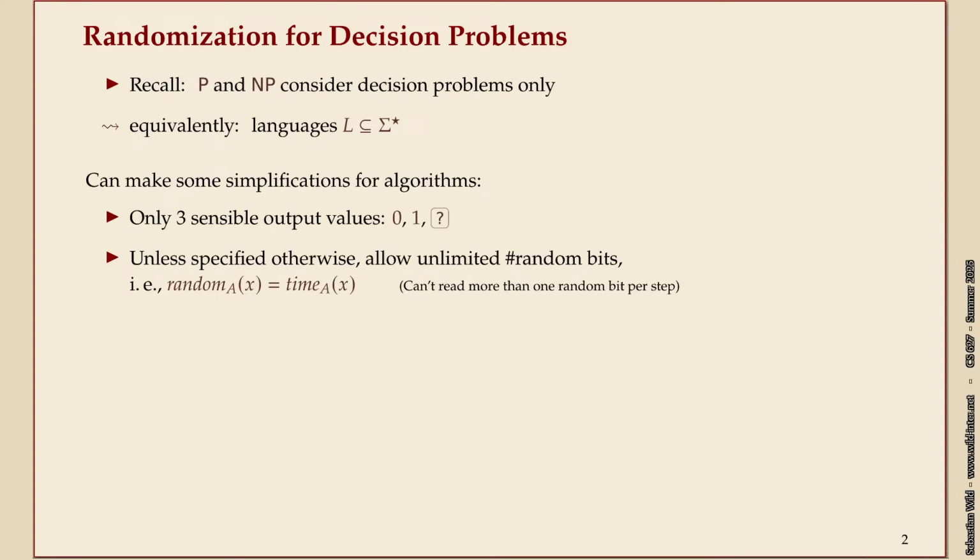And then, because we're talking just about accepting or rejecting words from this language, the only three outputs that we'll use are 0 for reject, 1 for accept, and the question mark still is there as one option of saying my computation failed. I can't tell you whether it's in the language or not. For most of it, I think we'll not restrict how many random bits algorithms take. So they should be assumed to take a random bit in every computational step. At least that's the worst case that's possible.